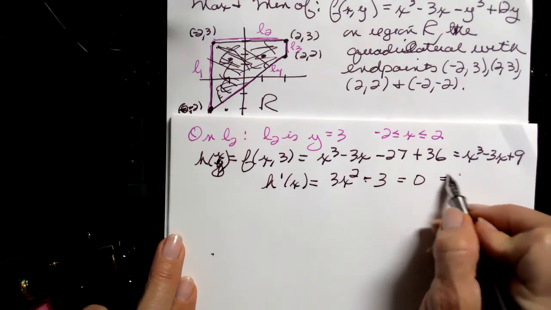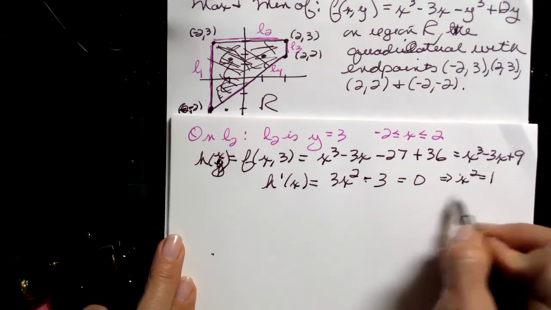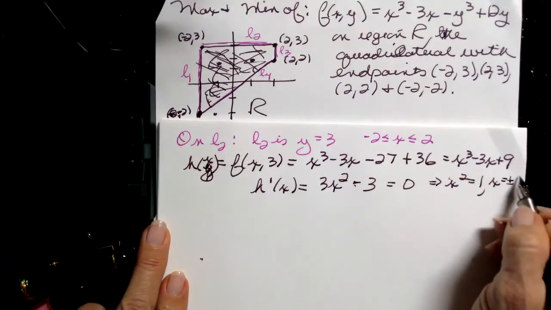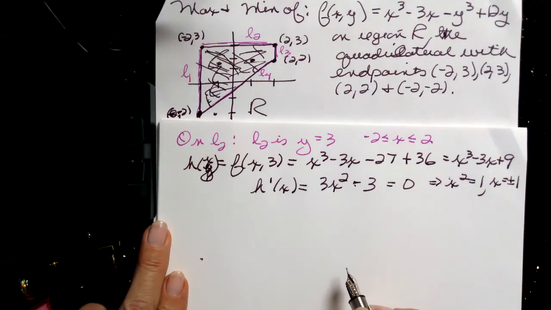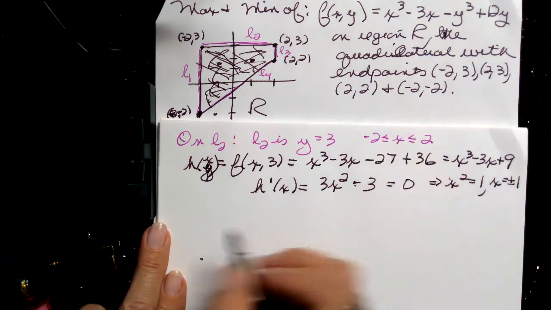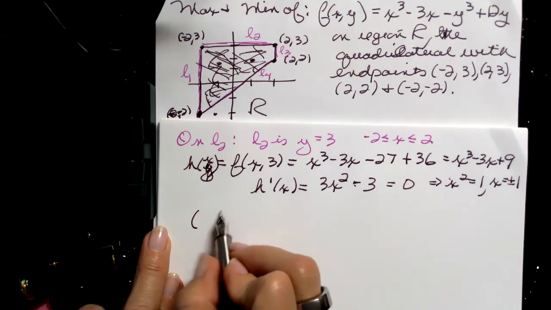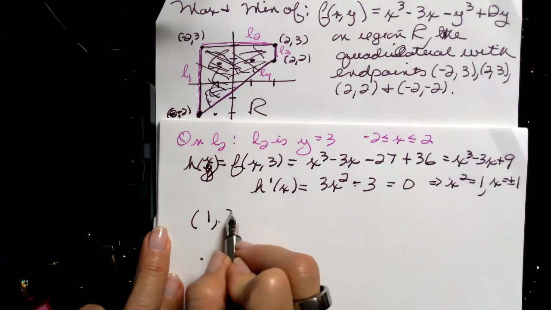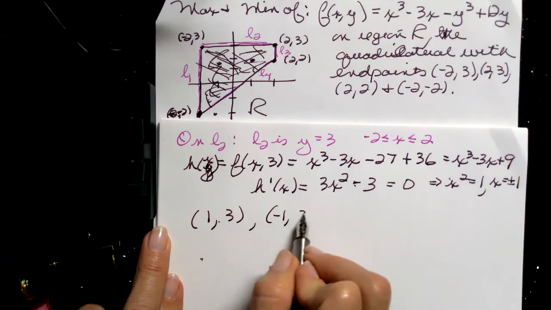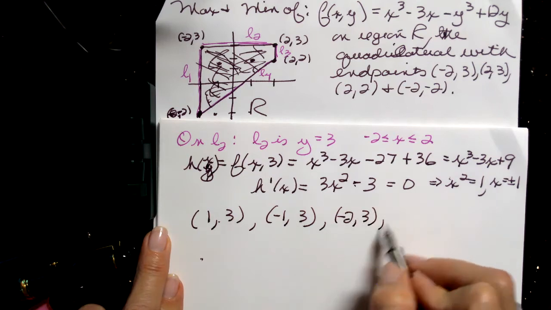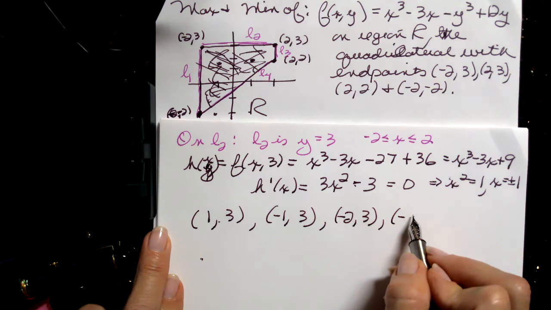That will tell you that x squared is equal to 1, so x is equal to plus or minus 1, and y is equal to 3. Those are critical points, plus the endpoints. So from this interval, we get the points (1, 3), (-1, 3), (-2, 3), and (2, 3).